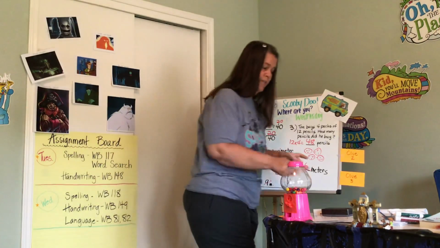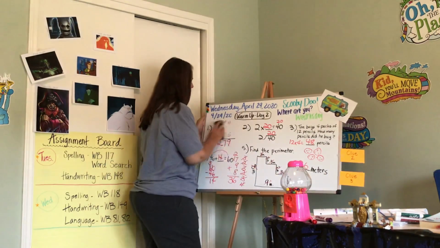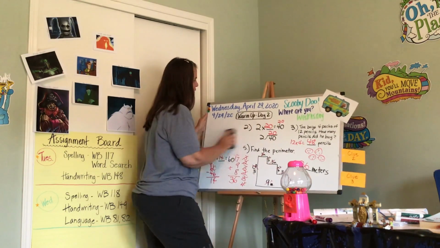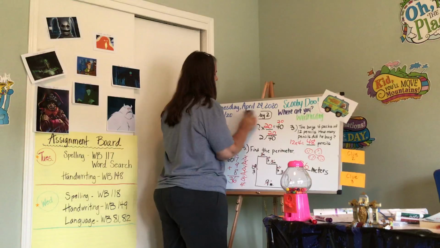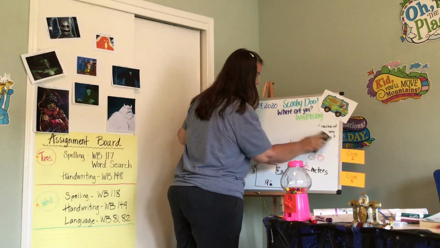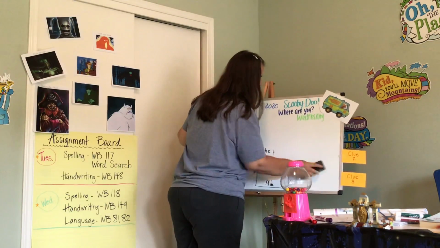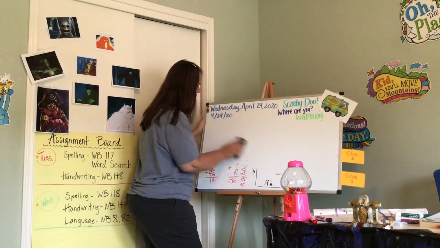While I erase, please go ahead and get out your workbook. We're starting on page 709. Yesterday we talked about saving and spending. And today we're going to talk about how when you do save over a long period of time, it adds up.